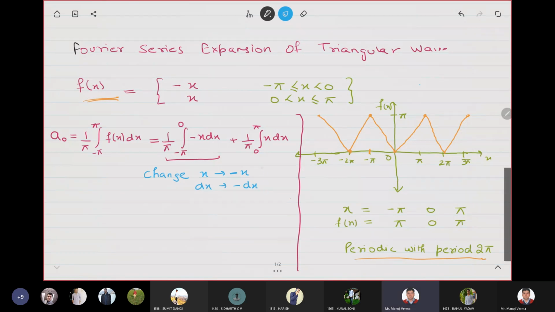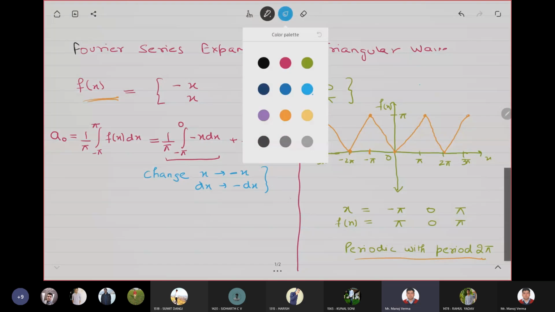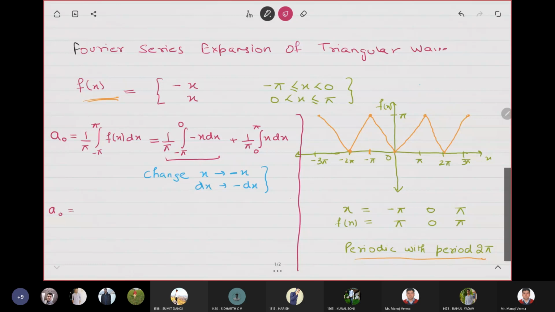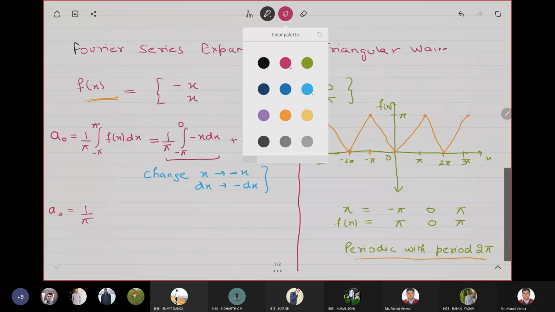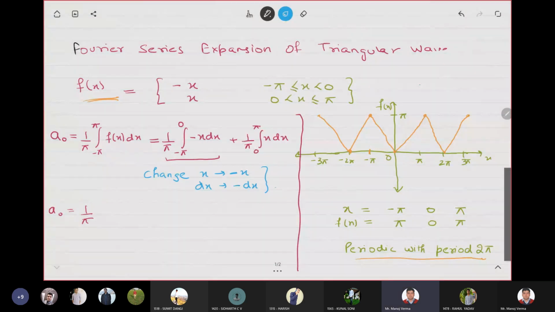I will tell you what the benefit of doing this is. The limits will also change: minus pi will change into pi and 0 will remain 0.